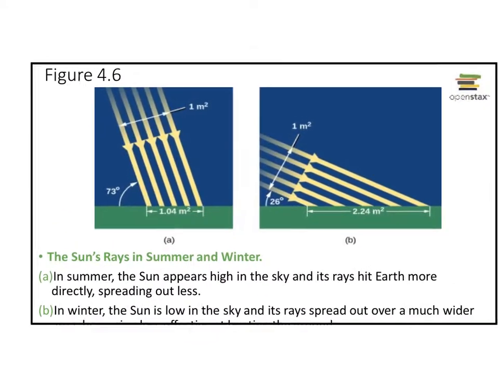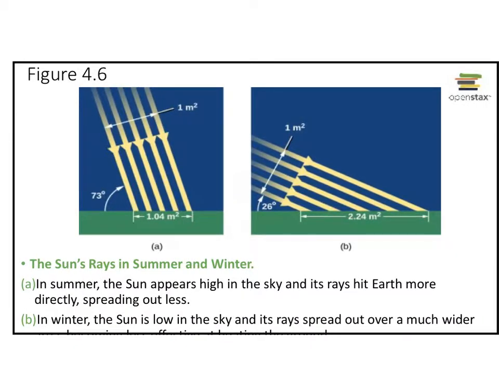One is the directness of the rays. I talked in class about something I bet you've already noticed: in the summertime at noon, the sun's going to be high up in the sky, and in the wintertime at noon, the sun's going to be low in the sky, even though it's noon. That has to do with the Earth's tilted axis of rotation and how the tilt is relative to the sun.